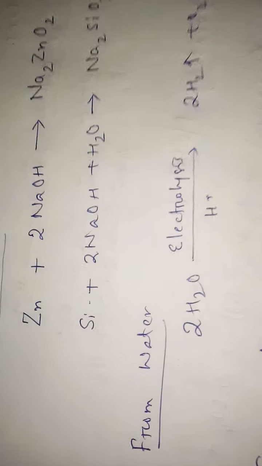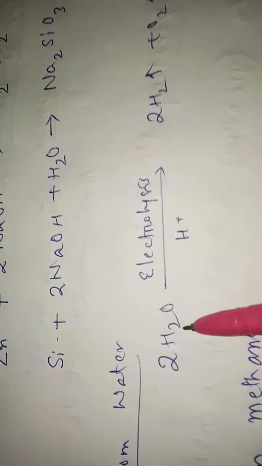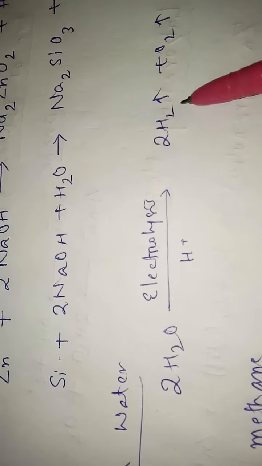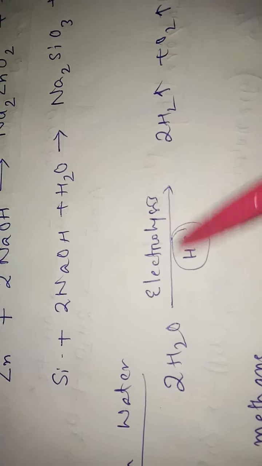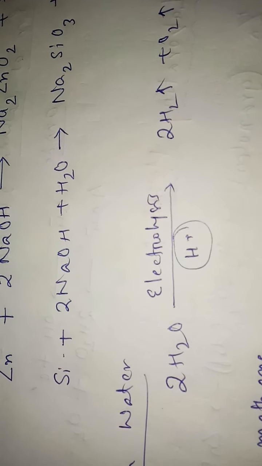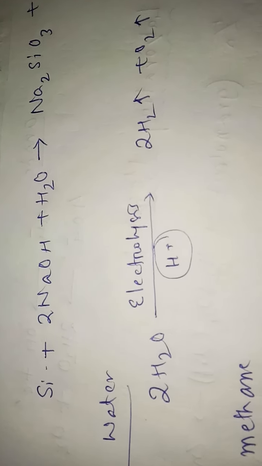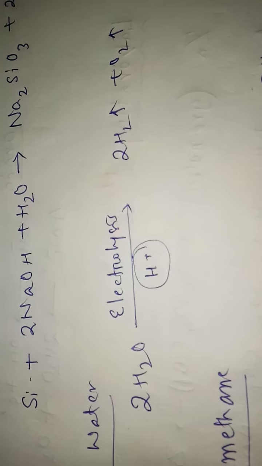Next one, preparation from water. So 2H2O, if we do electrolysis of water, we are getting hydrogen and oxygen. Remember, we have to do the electrolysis in presence of acid.